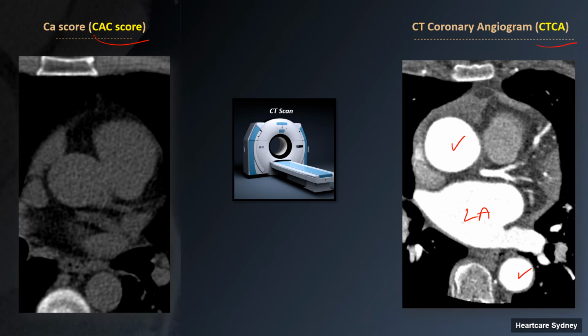However, if we look at the coronary calcium scoring, we can only see a silhouette of the coronary artery. So here we have the coronary artery that we can just see a shadow of, while here we can clearly see the coronary artery with the contrast material inside it, so we can say this artery is not blocked.